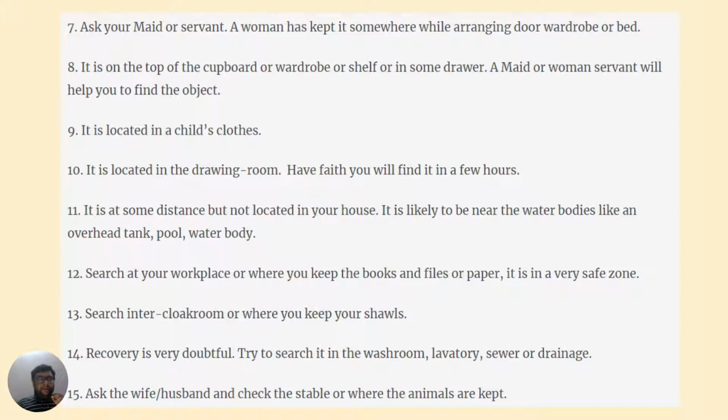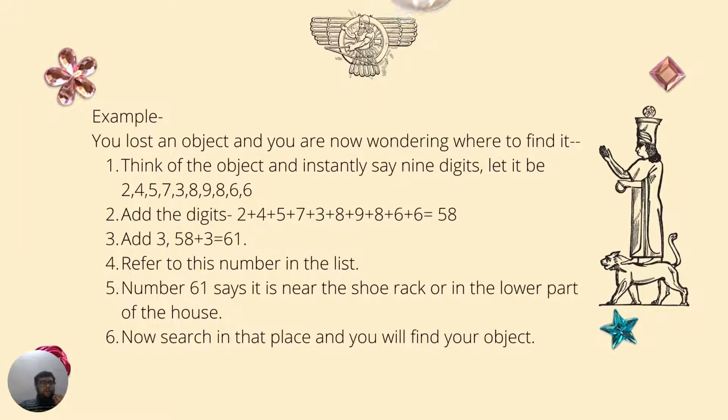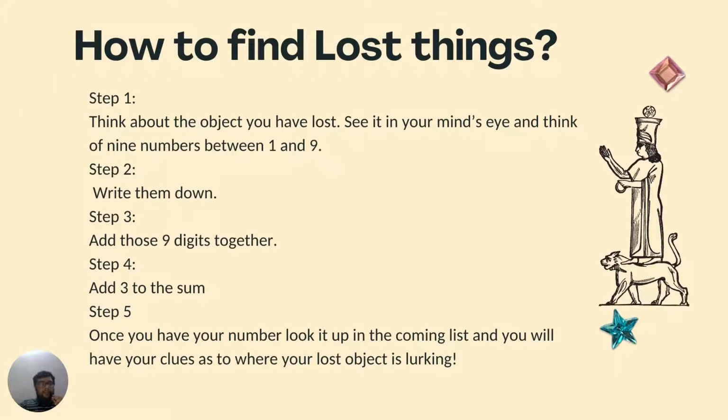Corresponding to number 12, you can see: search at your workplace or where you keep the books and files or paper. It is in a very safe zone. So now what you have to do, you have to search your keys in that area and you will find it. Like you may have a library in your home and you have placed them there and you have forgotten.